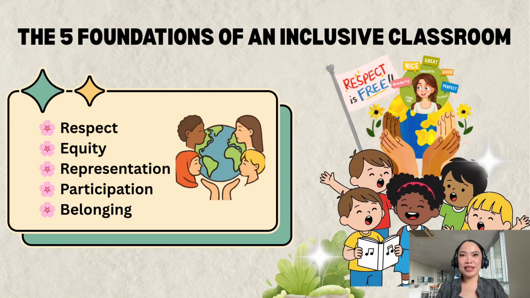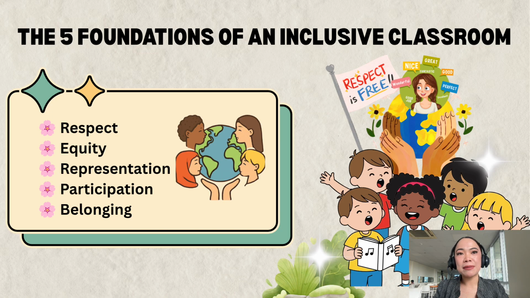An inclusive classroom is built on five important foundations. First is respect, where every child's identity and experiences are valued. Second is equity. Equity means recognizing that children may need different types of support in order to succeed. Third is representation.